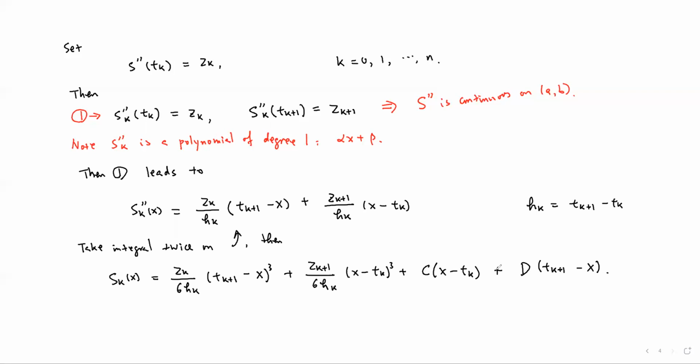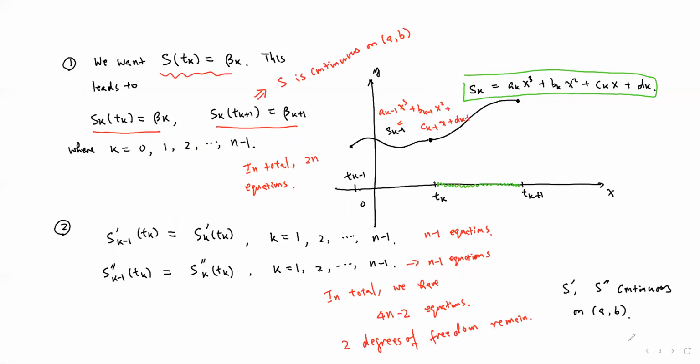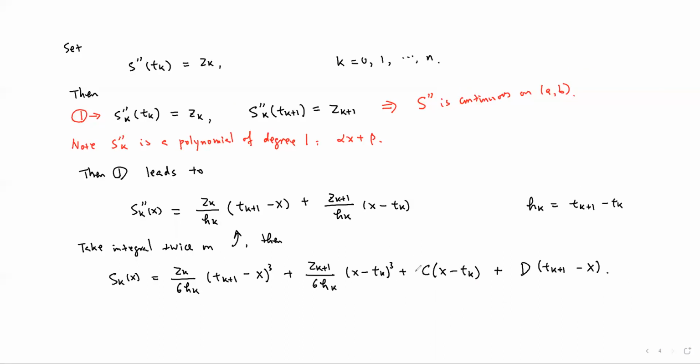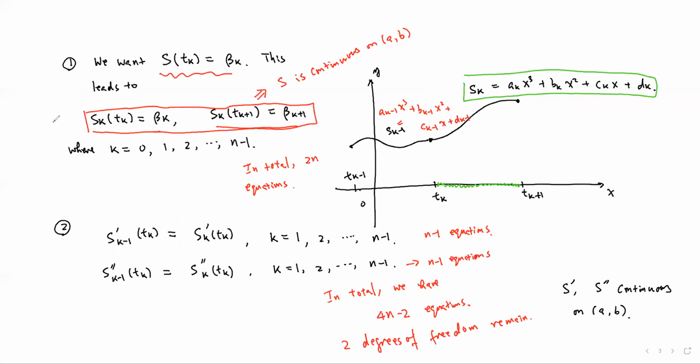How to determine C and D? Recall that S at t_k is beta_k, and S at t_{k+1} is beta_{k+1}. I use these two equations, I can determine C and D. Let me call this equation 2.